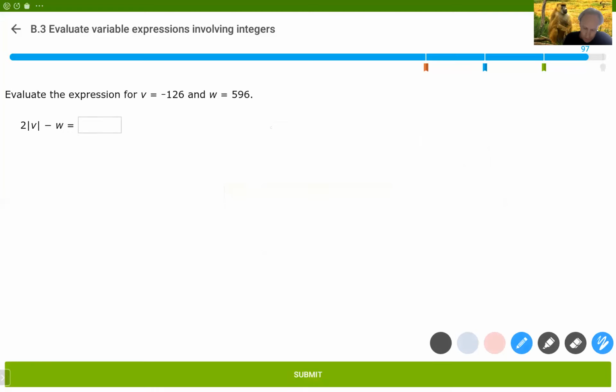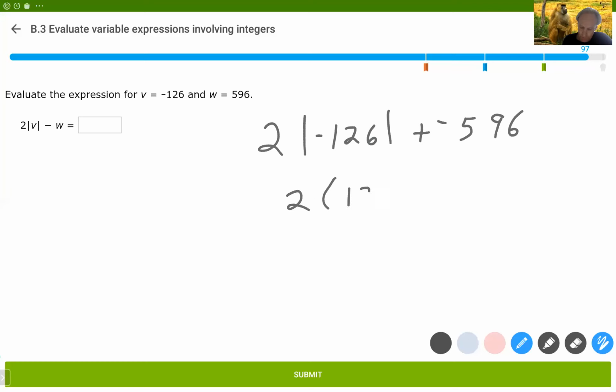2 times the absolute value of negative 126 plus 596. Oh, negative 596. That is a subtraction. I'm going to change it to adding the opposite. I have to take the absolute value first, which is 2 times 126 plus negative 596, or minus 596, same thing.